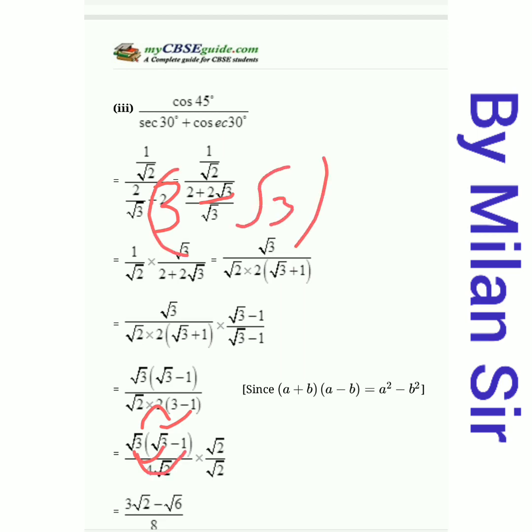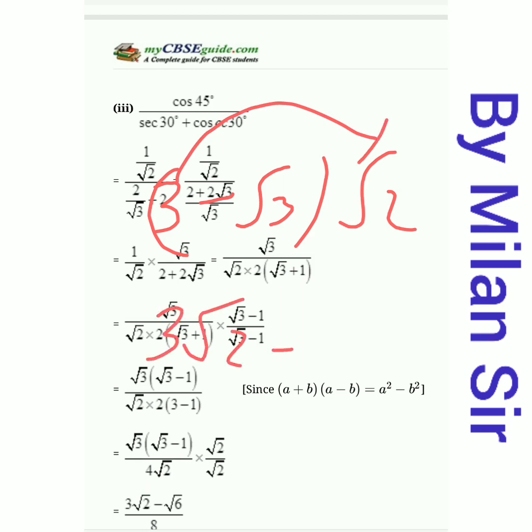Now multiply this bracket with √2: 3 times √2, 3√2, minus √3 times √2, √6, and in the denominator √2 times √2, 2 times 4, 8. So this is our final answer, (3√2 − √6)/8.